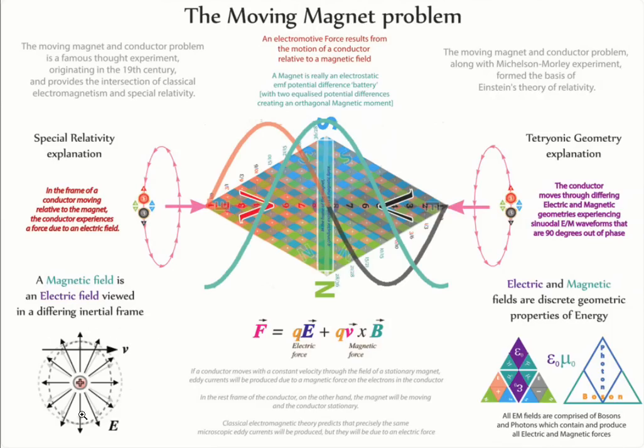Relativity and Einstein explained all of this as a changing frame of reference, i.e. where Faraday said that wherever there exists a magnetic field there is an electric, and where there's an electric there is a magnetic, which is in accordance with Tetryonic geometries, and the fact that they vary with respect to each other, 90 degrees out of phase. We can see all this with the geometry of Tetryonic fields as pictured here.